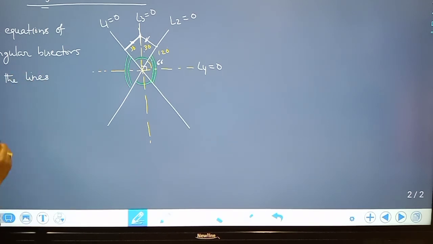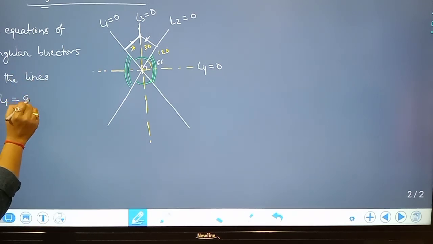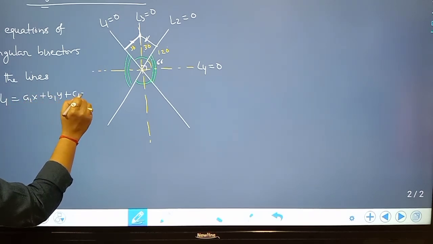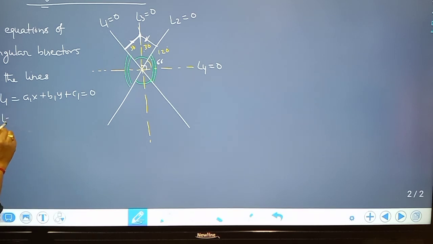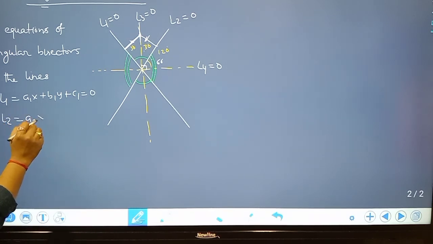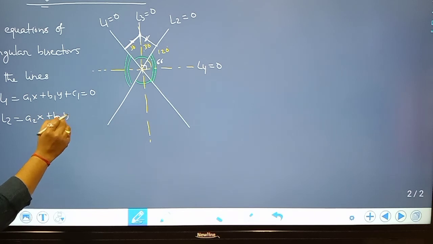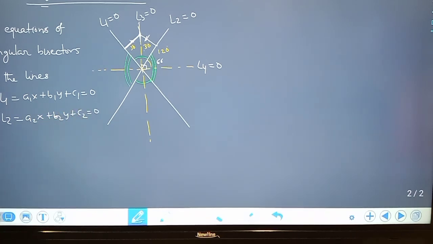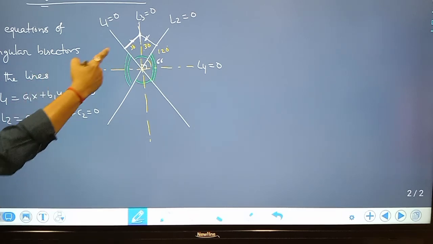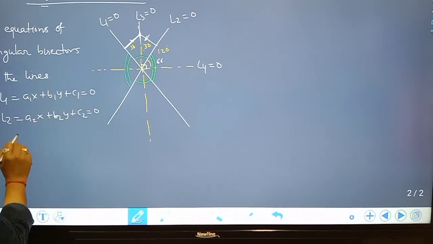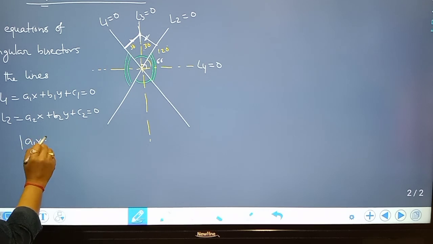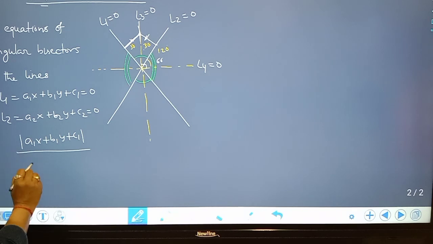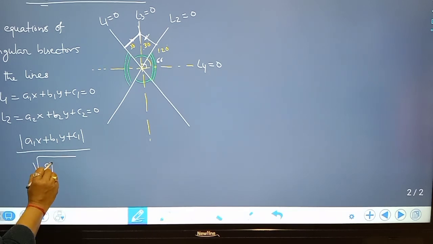L1 equal to A1x plus B1y plus C1 equal to 0 and L2 equal to A2x plus B2y plus C2 equal to 0. What is the formula? The perpendicular distance from the point to the first line is (A1x plus B1y plus C1) by root over (A1 square plus B1 square).